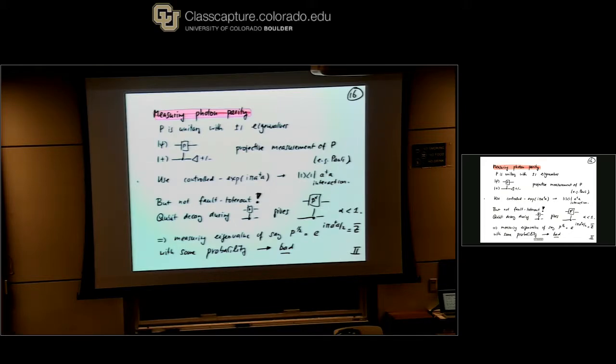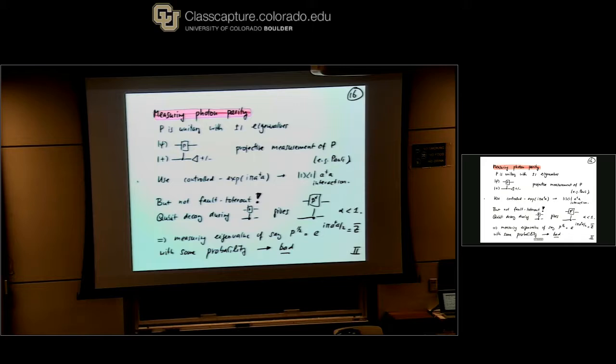So if you have an operator like the photon parity operator, this is just some unitary operator, and I care about whether it has plus or minus 1 eigenvalues. For such an operator, there is a simple circuit, which also works if P is a Pauli, which has plus or minus 1 eigenvalues.